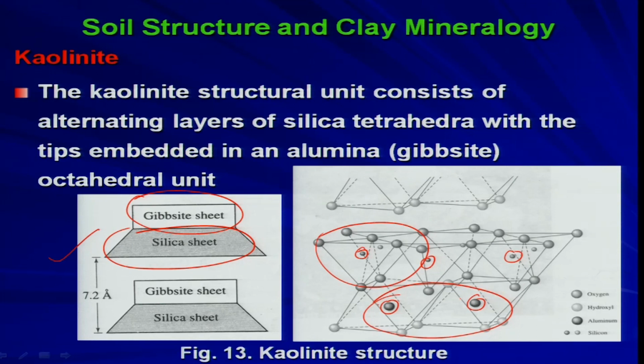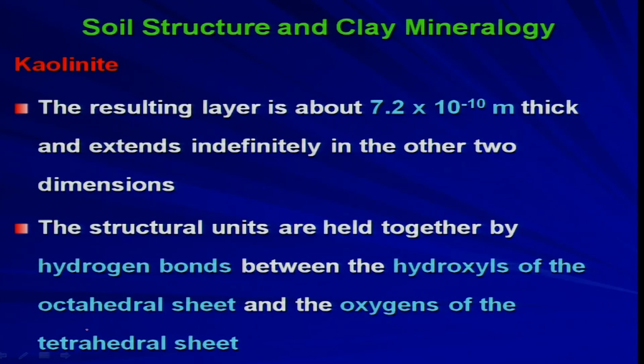The thickness of the layer is 7.2 angstrom, that is 7.2 × 10^-10 meter, and it is expanded in the other two directions indefinitely. The structural units are held together by hydrogen bonds between the hydroxyl of the octahedral sheet and the oxygens of the tetrahedral sheet.